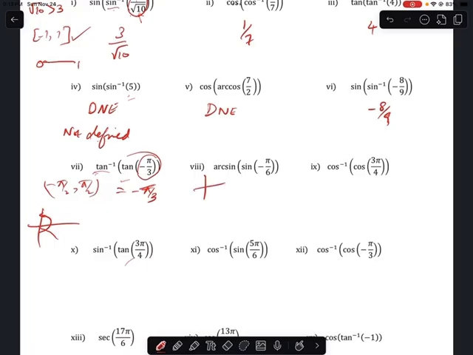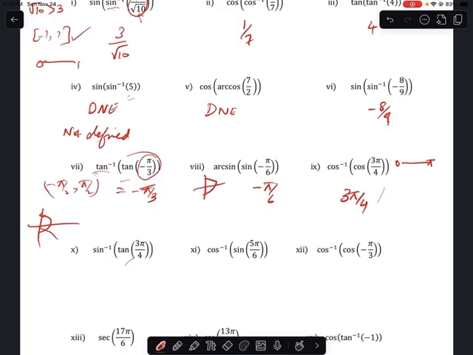Okay, now looking at them from the other side, notice that the inverse function is outside now, and the actual function, a restricted function, is on the inside. So tangent inverse of tangent of negative pi over 3. Remember that for the restricted domain of the tangent, we have minus pi over 2 to pi over 2 with endpoints not included, and negative pi over 3 is inside this interval.